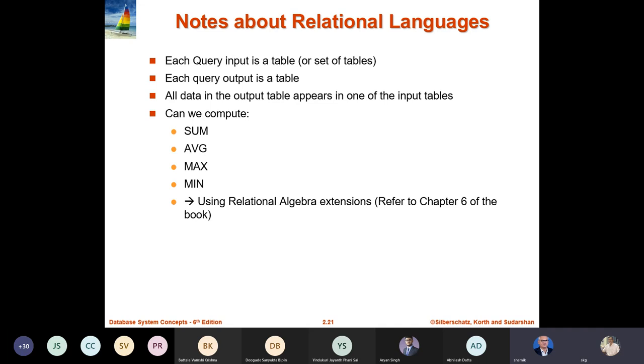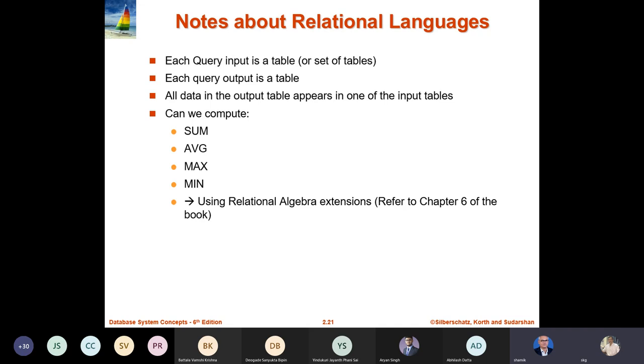Each query input is a table, as we already discussed. The query input in SQL or any query language is a table, and the output is also a table. All data in the output table appears in one of the input tables, so you are not taking any extraneous data.